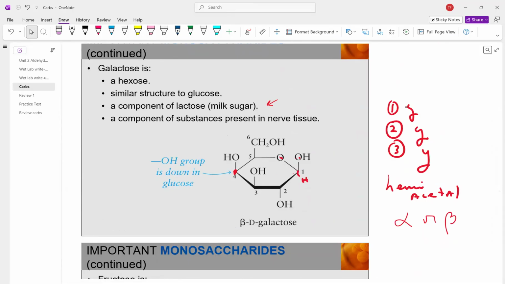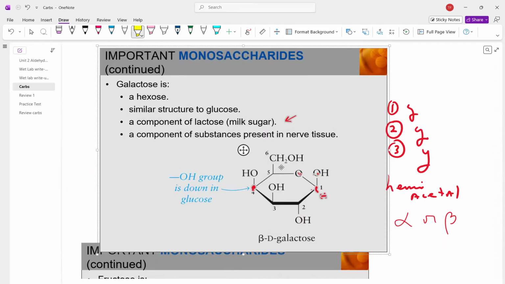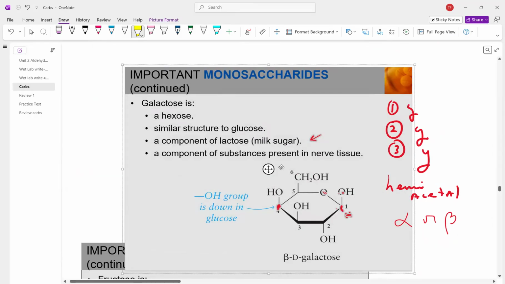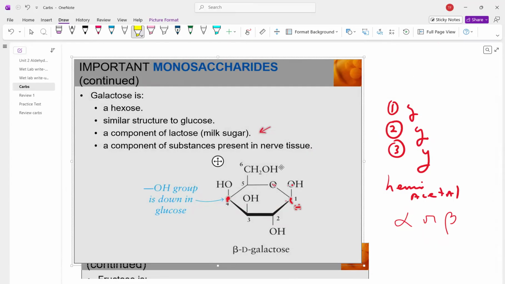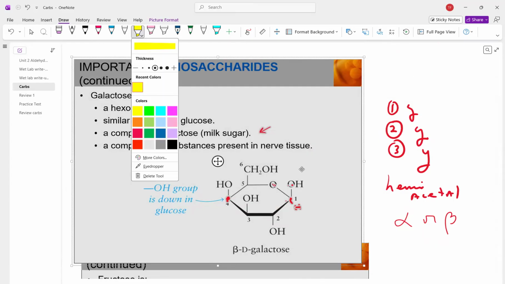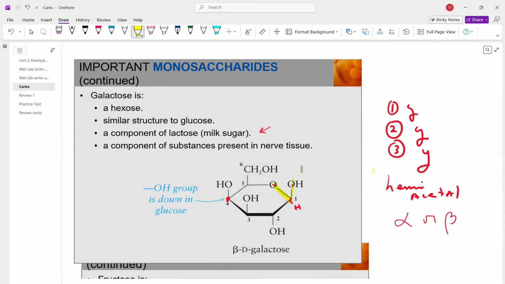Now, because it's a hemiacetal right here, so we have an OCO, so we have an anomeric carbon, we have an H present and an OH present, so it's a hemiacetal.